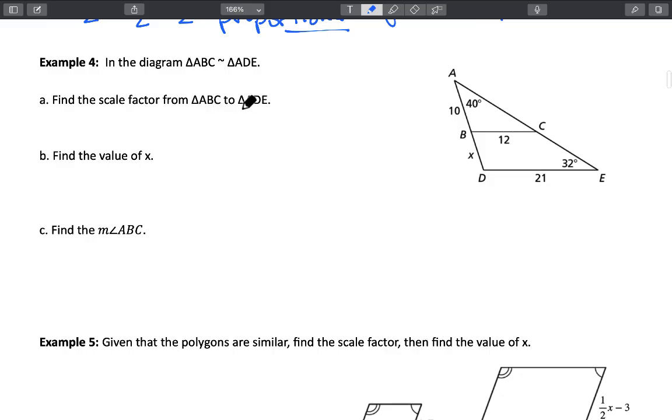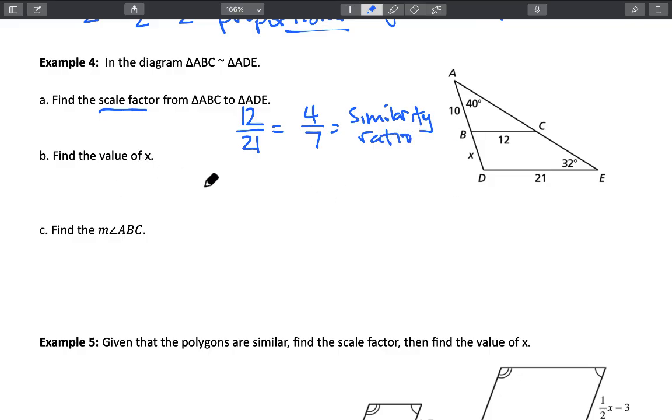So let's find the similarity ratio, or the scale factor, by taking the ratio of that side that measures 12 over its corresponding side, which is 21. And we're going to reduce that now. 3 goes into both those. That's 4/7. So this is our similarity ratio, or also known as our scale factor.